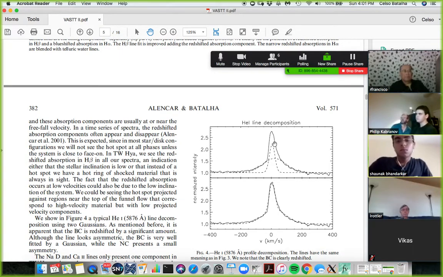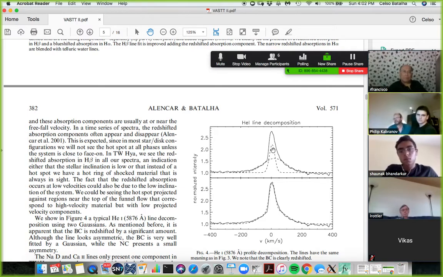In any case, it seems that, and I would like to see it, if this narrow component is centered in 5875.621, if that is the case, it's not moving with the star. It's pretty much at rest frame with respect to the star. Which means the narrow component is kind of rooted to the star.